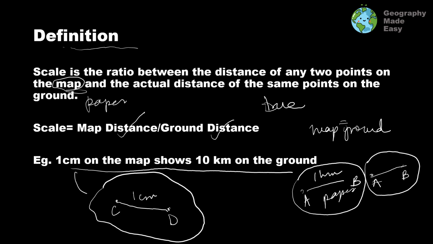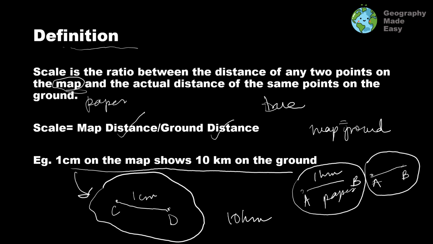So if I am using this scale to draw this map, the distance between C and D on actual ground is 10 kilometers. So if I take a car and I want to travel from town C to town D, I will actually be traveling for 10 kilometers. So I am using this principle to draw the map.